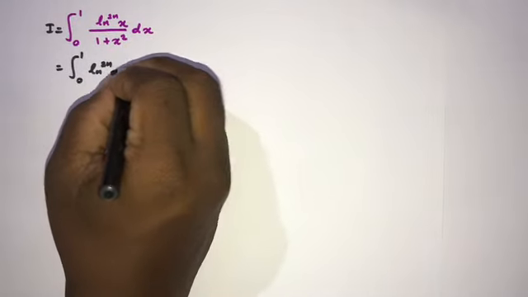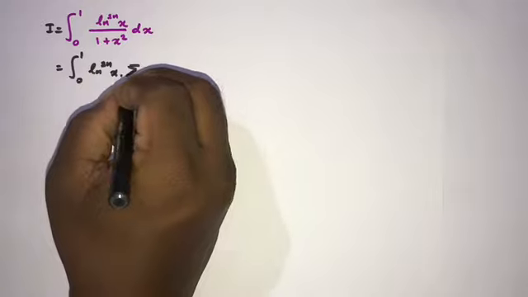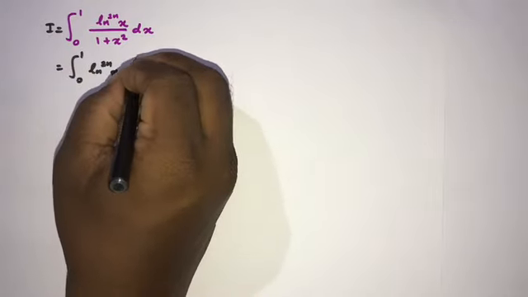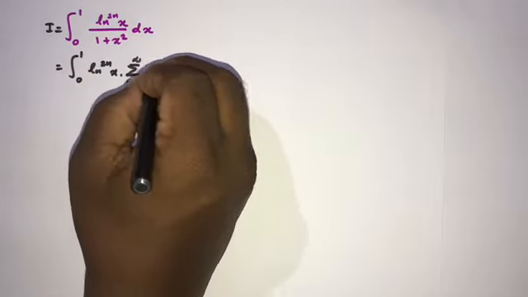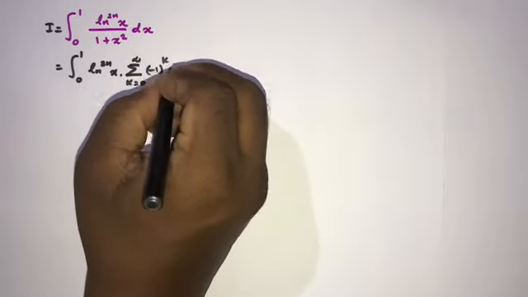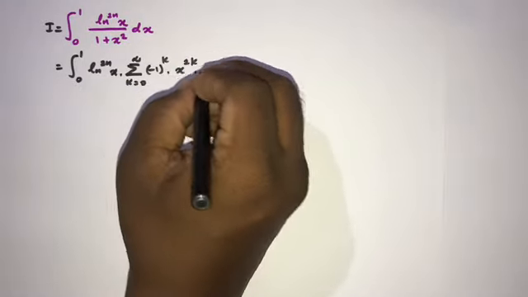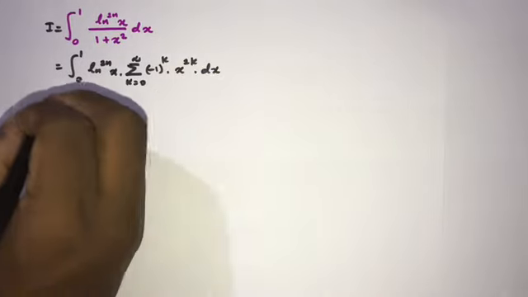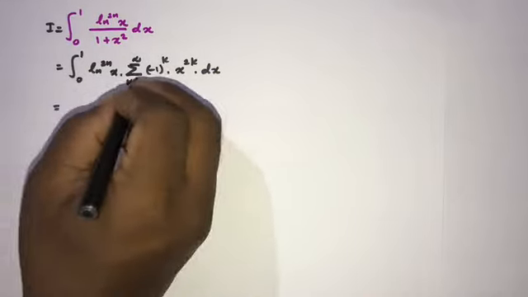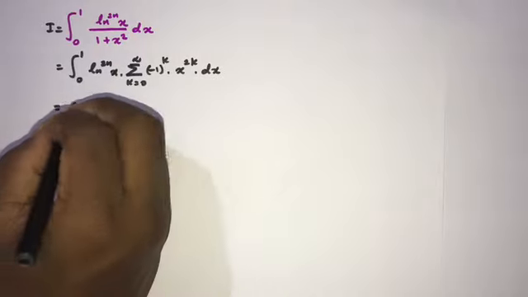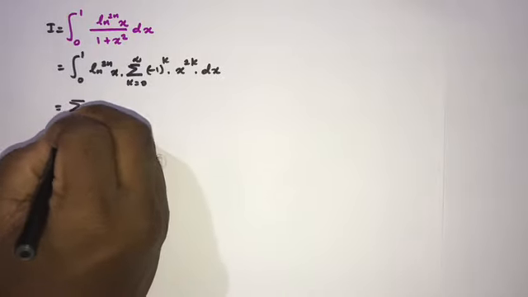So we can write the sum k equals 0 to infinity of minus 1 to the k times x to the 2k dx. Now we can switch the integral sign and sigma notation.